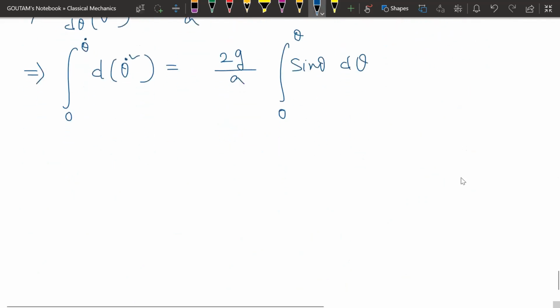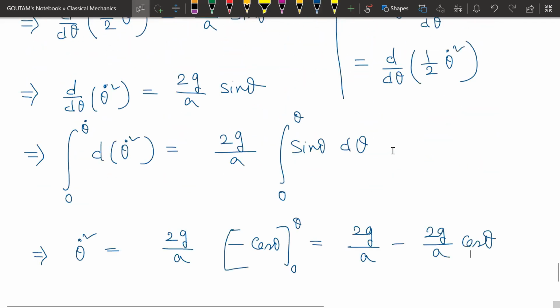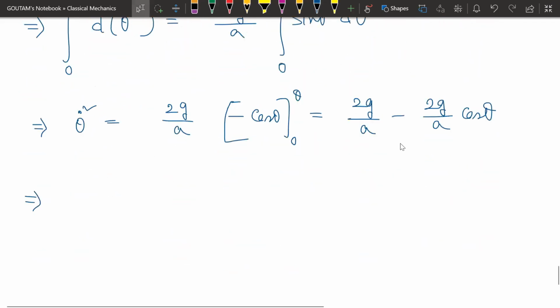If we do the integration, we get theta dot square equals 2g by a times minus cos theta, with limits from 0 to theta, which gives 2g by a minus 2g by a cos theta. So theta dot square equals 2g by a minus 2g by a cos theta.